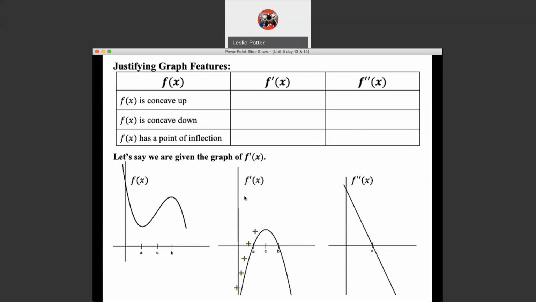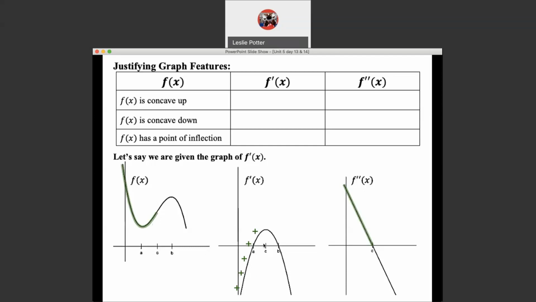And if we're drawing tangent lines on the derivative graph, we're talking about the derivative of the derivative, which is the second derivative. So we see here that we have positive second derivative values, and that correlates to an increasing first derivative. So from the beginning of the graph to point C, when we have a positive second derivative, we have a concave up scenario.